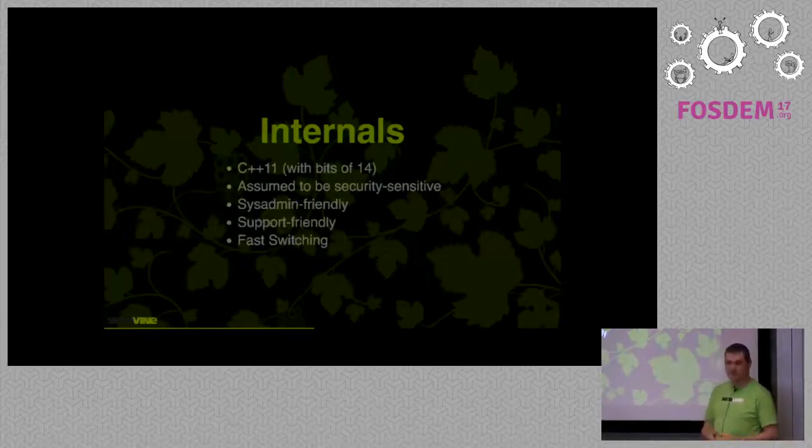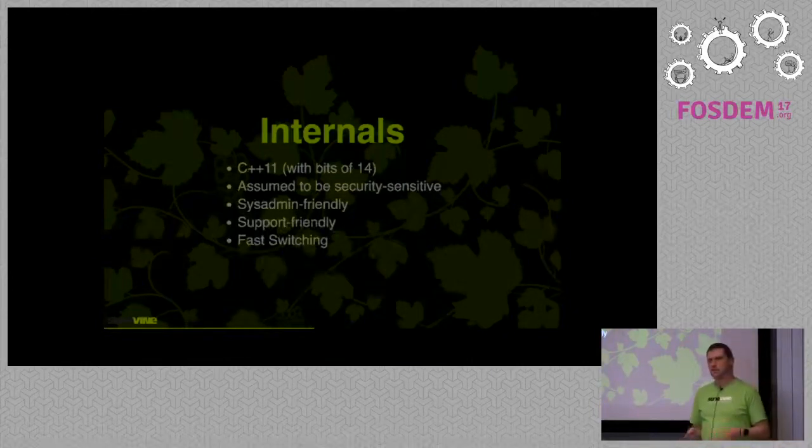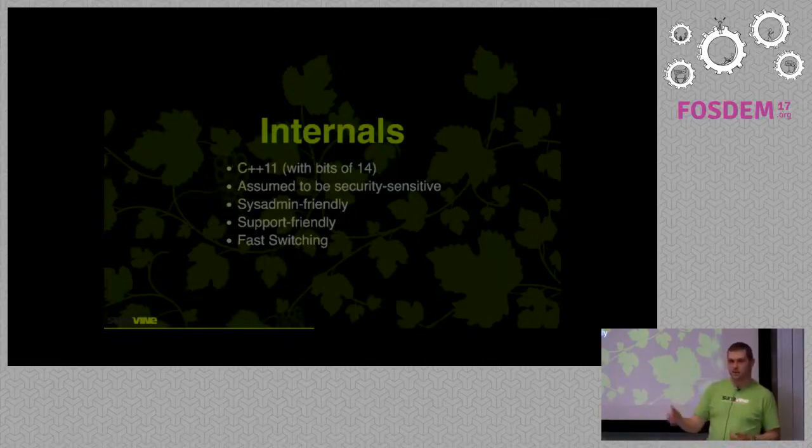Quick trip around the internals. It's written in C++11 with bits of 14 as I gradually got familiar with them. So that might give you some idea of how long I've been working on this now. All of the code and all of its operations are assumed to be security sensitive, which has certain implications on the design. It's assumed that it is internet facing, right on the perimeter, and that every configuration option has a security impact.